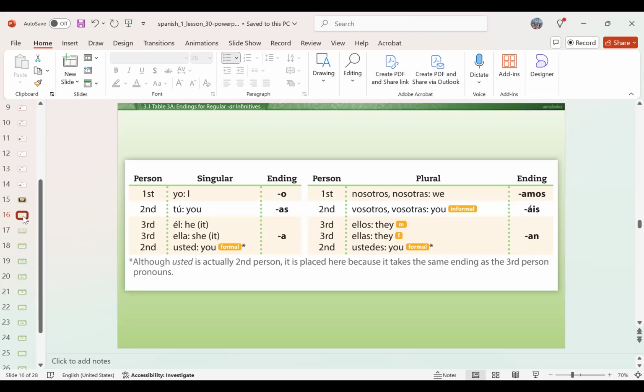So I'm on page 77 of your workbook. It says that an infinitive is the impersonal form of a verb, meaning it has not been associated with a specific person or conjugated yet. So it's like when you say to swim, that is the infinitive form of a verb.